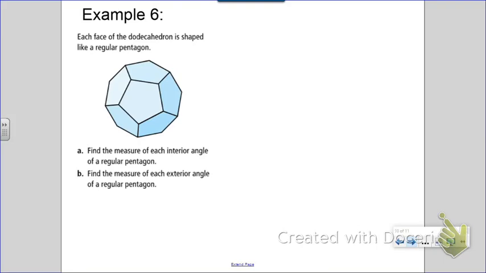In our last example, each face of a dodecahedron is shaped like a regular pentagon. Find the measure of each interior angle of a regular pentagon. Find the measure of each exterior angle of a regular pentagon. For the interior angles, it's (n-2) times 180.